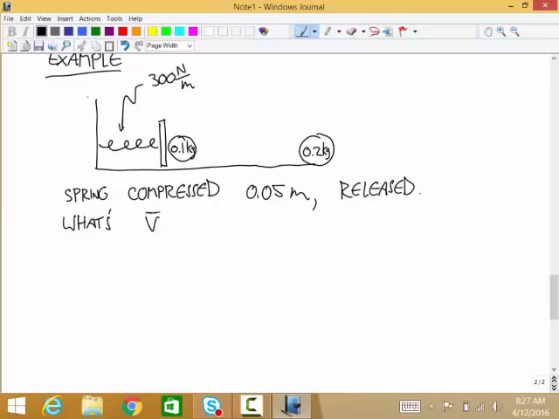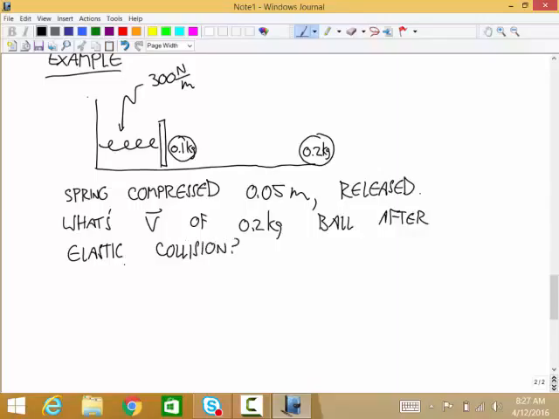What's the velocity vector of the 0.2 kilogram ball after an elastic collision? Okay.